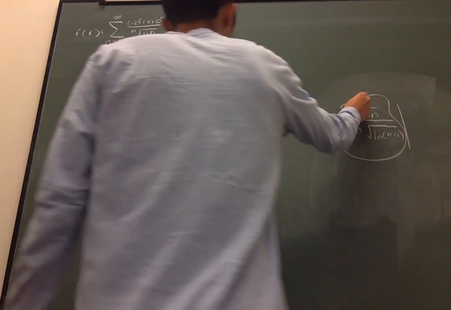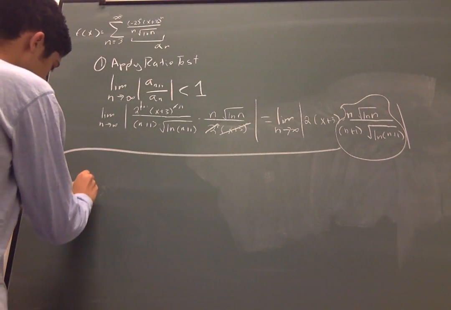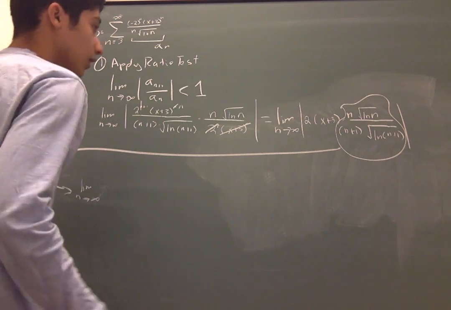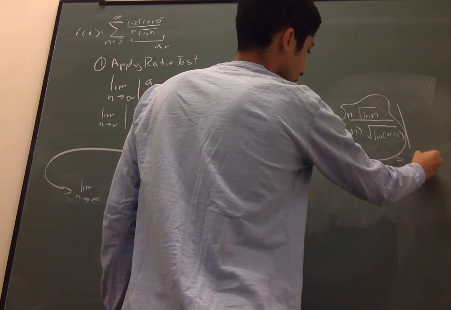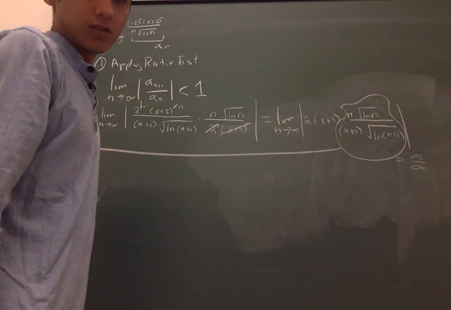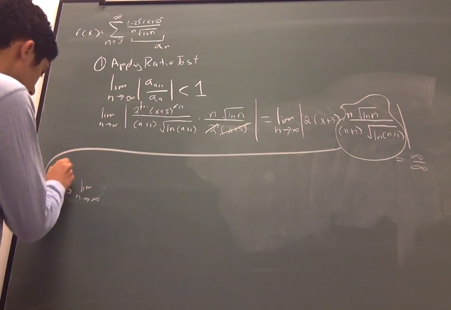So if we take this limit and bring it back here, and do it separately, we'll get that the limit of that is just equal to infinity over infinity. So we have to apply L'Hopital's rule.